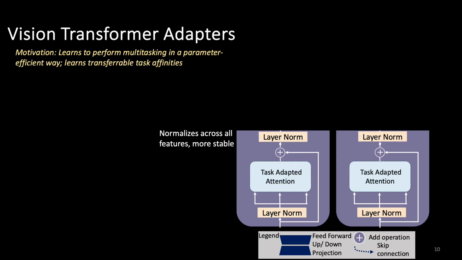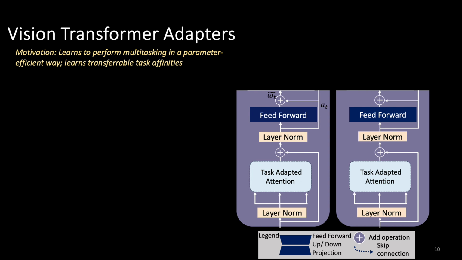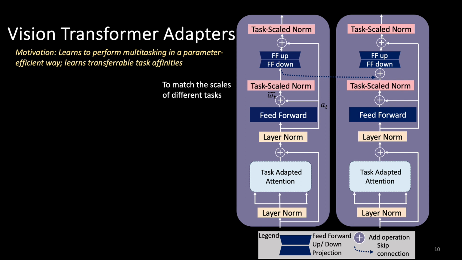Building upon the task-adapted attention, we enter the purple-colored Vision Transformer Adapter module that uses the task-adapted attention to encode task-specific representations. The layer norm normalizes across all features, which has been seen to be more stable. We then pass the representations through a feed-forward network and use its output as well as its activations to scale the different tasks using a task-scaled normalization.